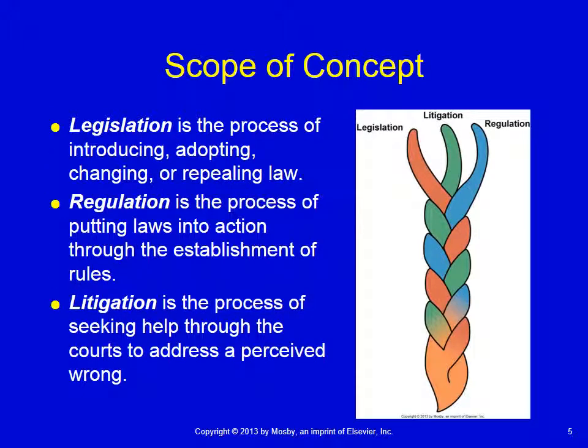Looking at the scope of healthcare law, first of all, there's two types of law. We have federal law and we have state law. And federal law usurps state law.